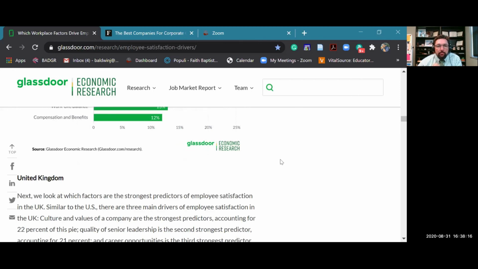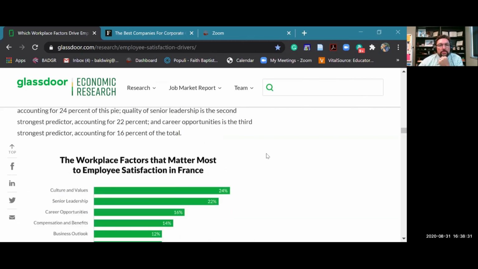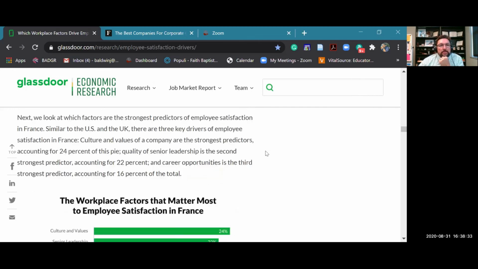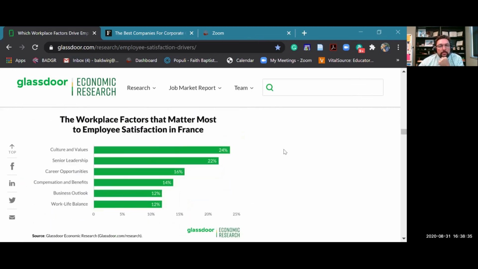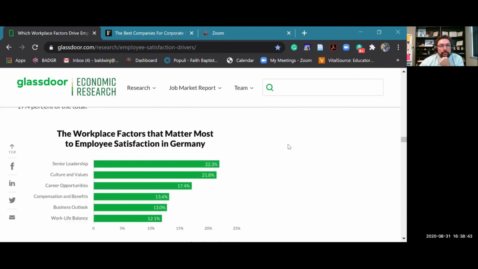Surprising. The UK, though, although it looks like pretty much the same, just compensation and benefits and work-life value switched, but culture and values and senior leadership were in the same positions, and career opportunities, same. Let's see, where's this? France. Culture, values, senior leadership, career opportunities, again. Let's see, Germany.